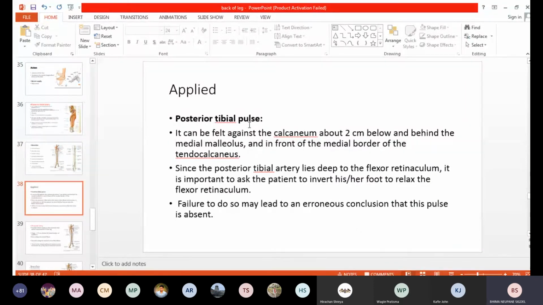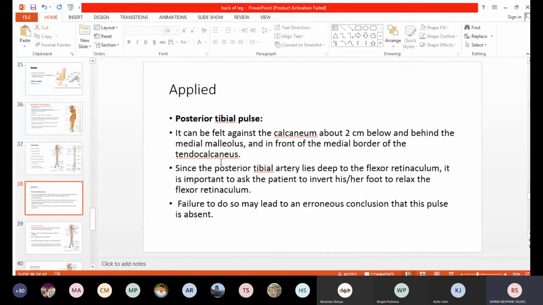Now the applied aspect. The pulsation of the posterior tibial artery can be felt against the bone, normally at about 2 centimeter below and behind the medial malleolus, but in front of the medial border of the tendocalcaneus. That is the location to feel the pulsation of the posterior tibial artery.